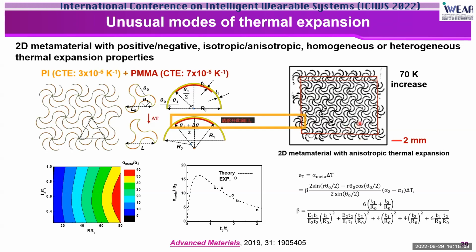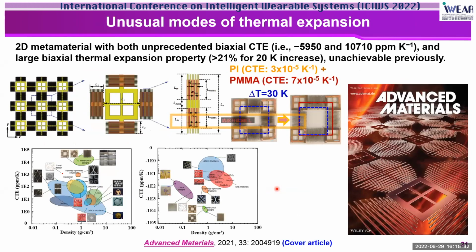And you can see low expansion or shrinkage along the horizontal direction after heating it by 70 Kelvin. By using spatially non-uniform arrangement of the microstructures, we can also achieve thermally induced shearing, thermally induced rotation plus shearing, as well as thermally induced bending. And most of those behaviors do not exist in natural materials as well.